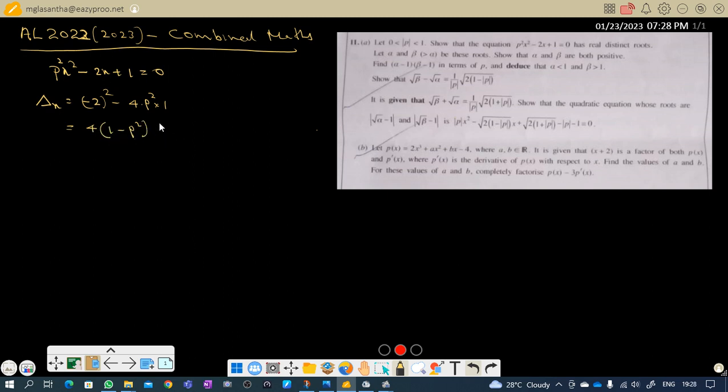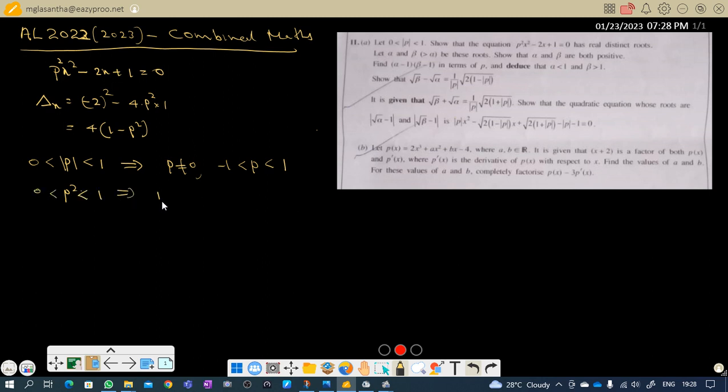Somehow you have to show this is positive, but you are given that mod p is greater than 0 and less than 1. Actually this implies p is not equal to 0 and p is between minus 1 and plus 1, right? However, p squared is less than 1 and greater than 0.